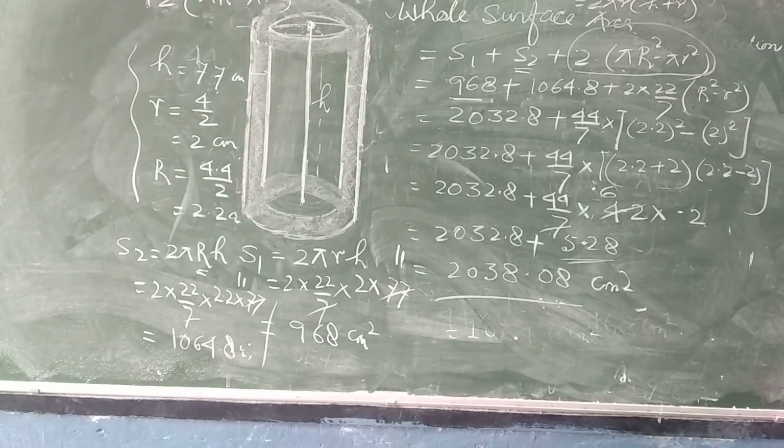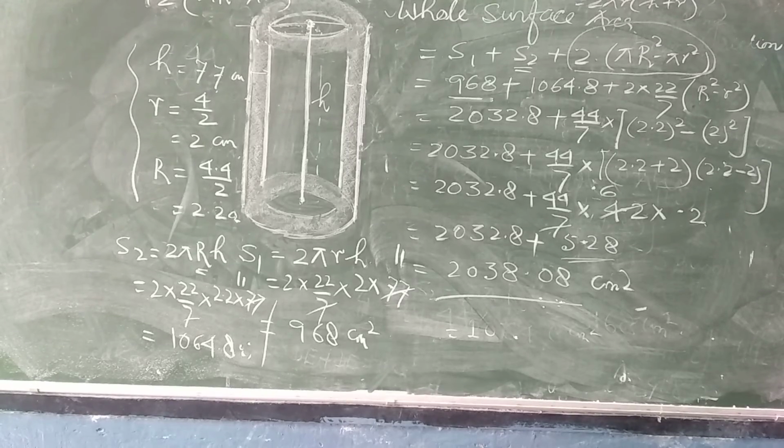Okay, so that is a problem based on a circular pipe cylinder. Now we'll do the problems from NCERT books as well as other prescribed books also, by knowing this formula. Okay, thank you.